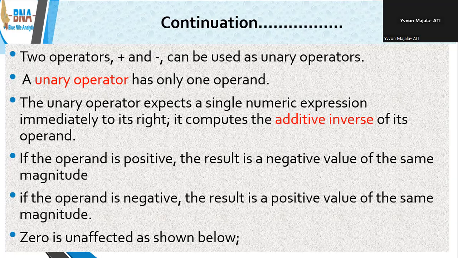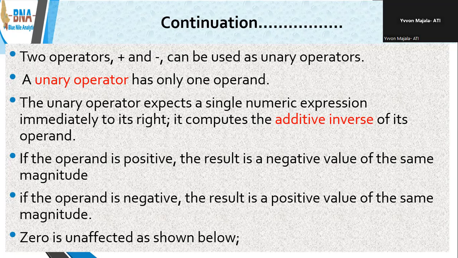Or if you have -5 plus +2, you will get -3. So it depends on the magnitude. But if you have +5 times -3, the answer will be -15. I hope you know these operations, positive plus negative operations. They are just the same. How you apply them in mathematics is the same way you apply them in Python.